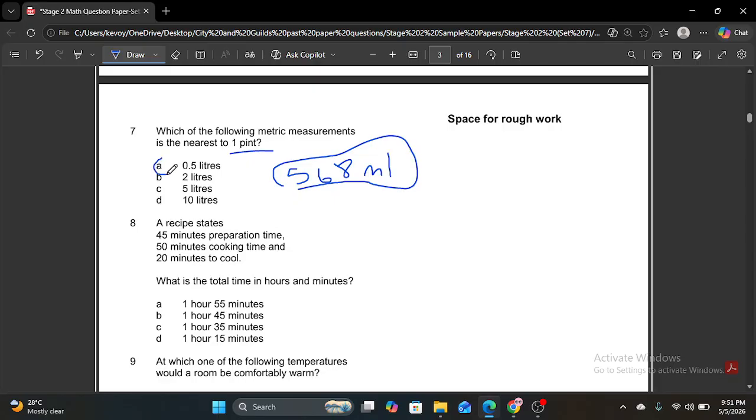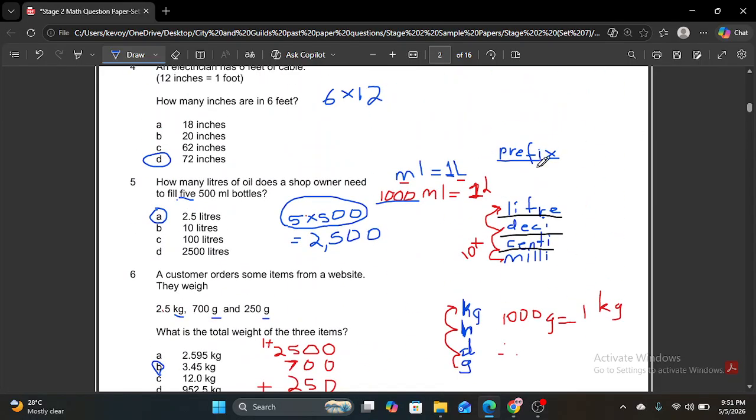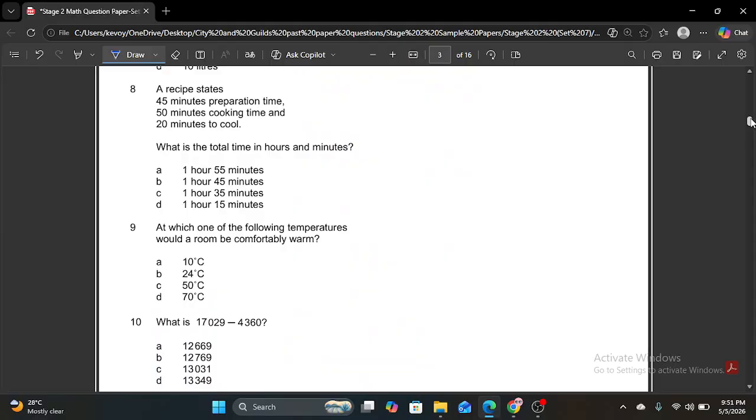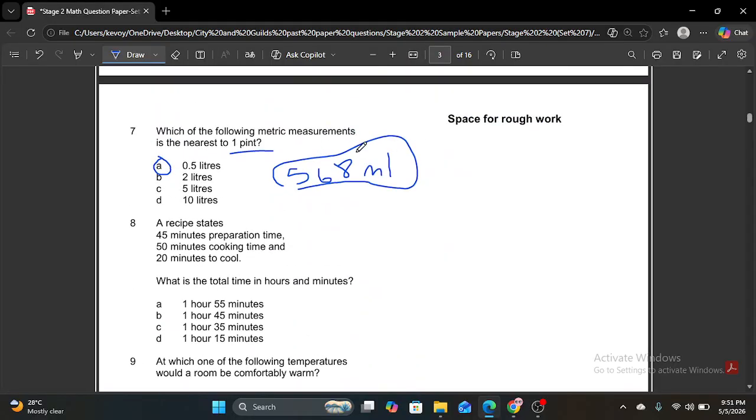So that's A. We can do the work for that just like above with the prefix table.